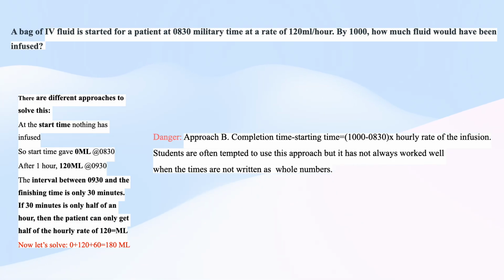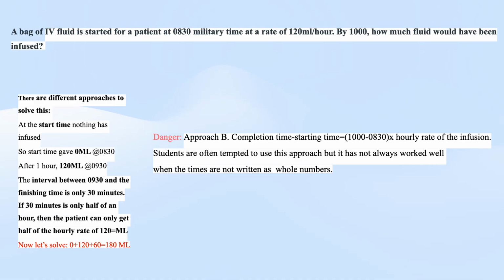That 1 hour led us to 0930. Now remember, the ending time is 10. So if the ending time is 10, between 0930 and 10 is only a 30-minute interval.